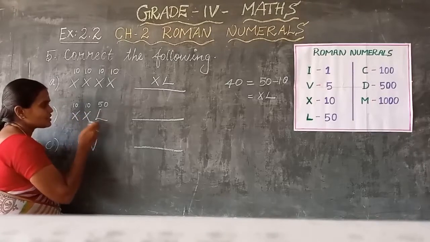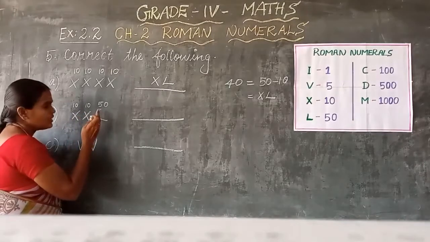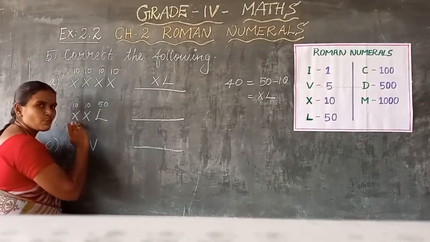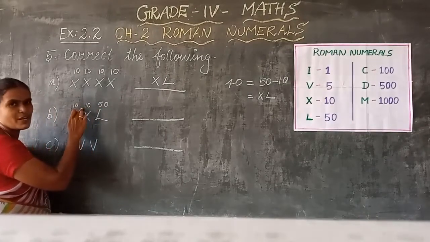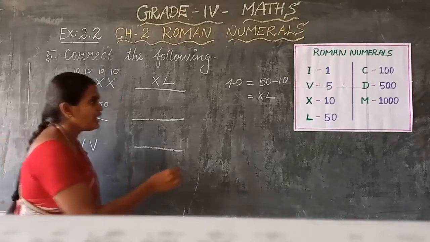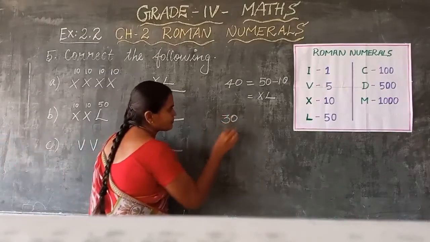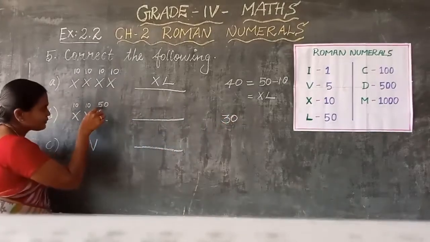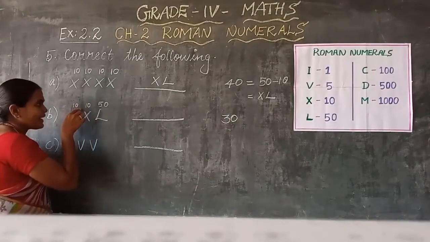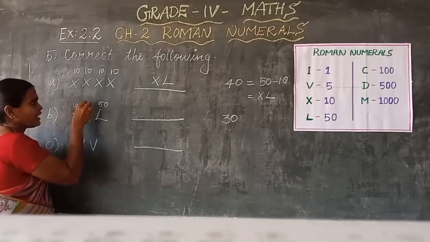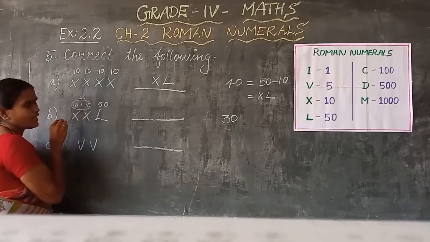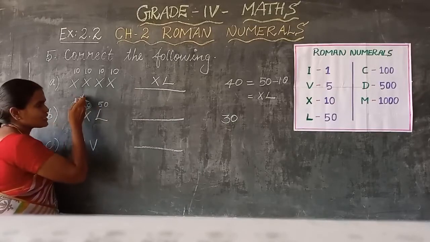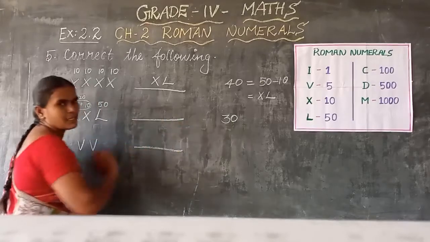Here, which one is the greatest number? 50. So greatest number, left side small number means subtraction. So 50 minus 20, we get answer 30.